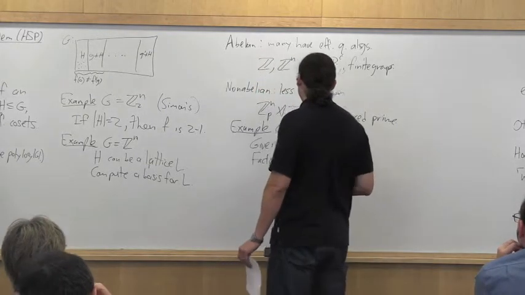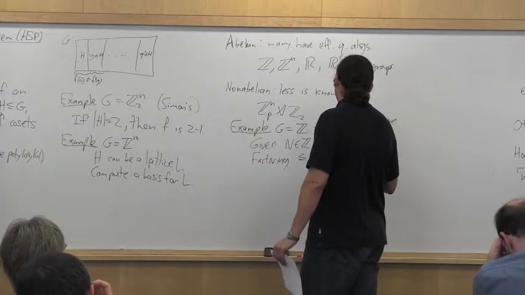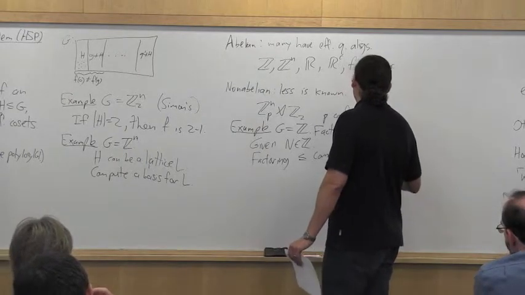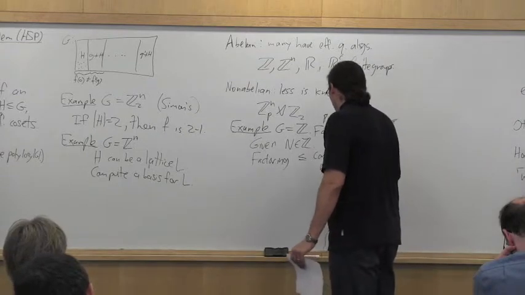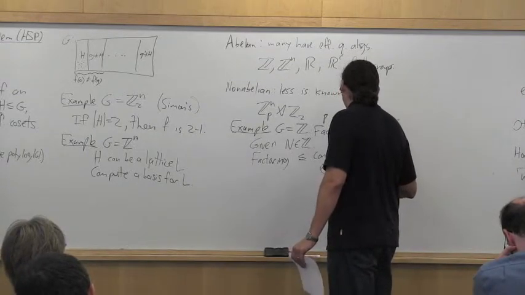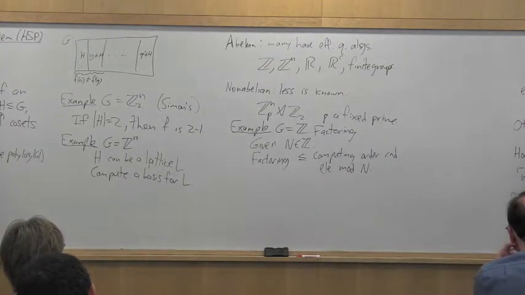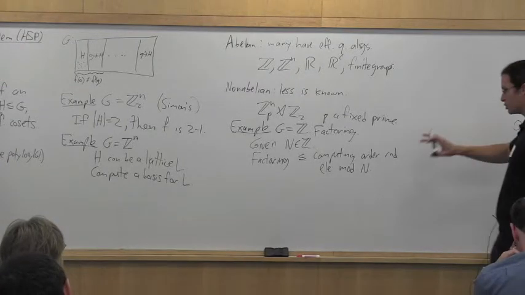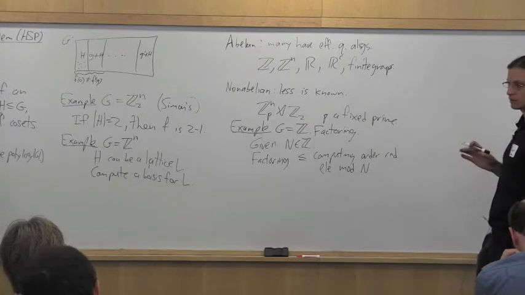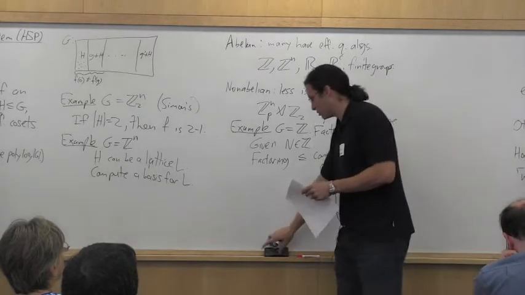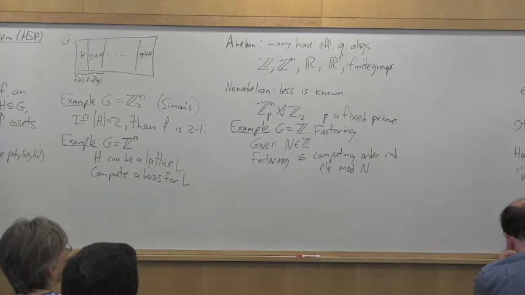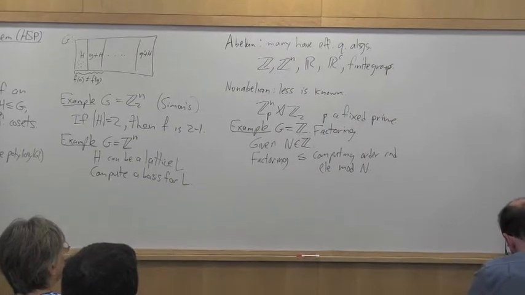So factoring reduces to computing the order of a random element mod n. If we can compute the order of an element mod n, then we can factor. Okay, so we can define a hidden subgroup problem to do this.